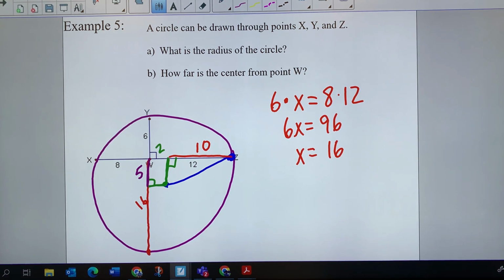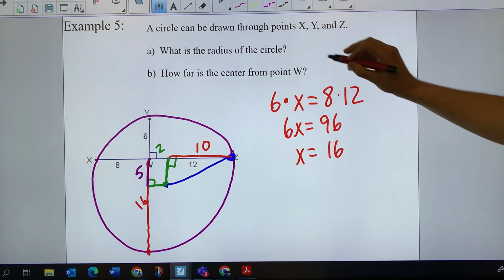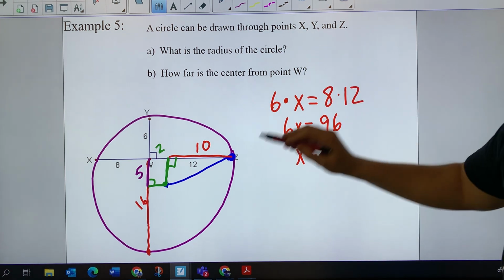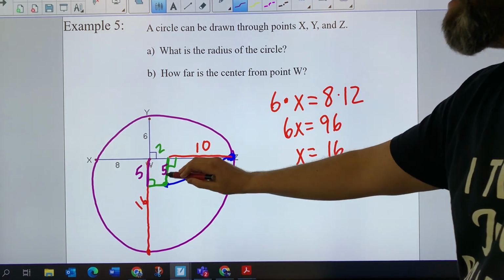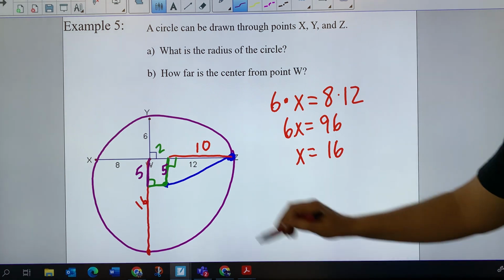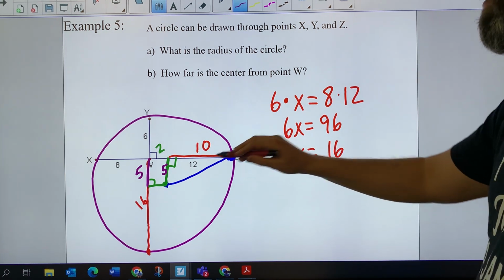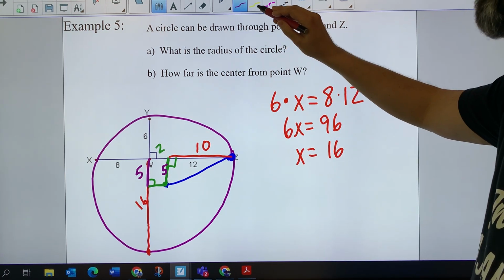But what that does for me is, now that I've created that rectangle, I can work within that rectangle. So let's start by looking at the radius. The radius of that circle is that blue segment right there. And since I know that's 5, same as the opposite, and that's 10, I can go Pythagorean theorem to get my radius.